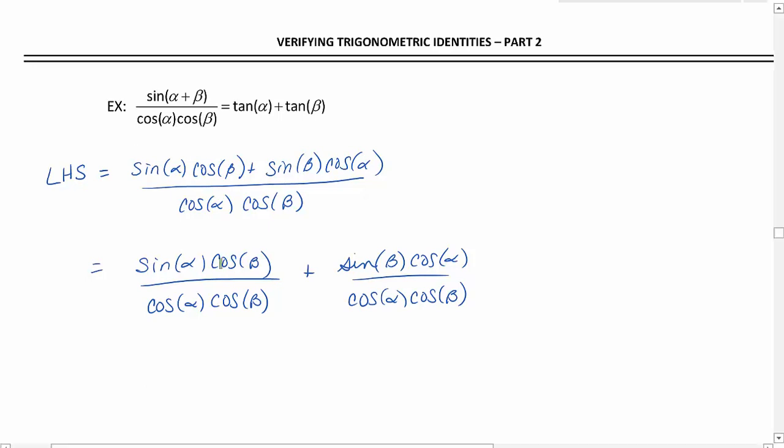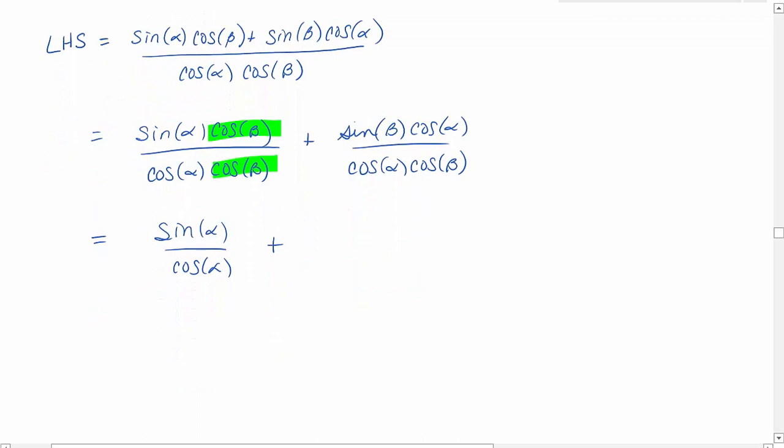In our first fraction, notice that we have cosine of beta over cosine of beta. Those are going to cancel out and leave us with sine of alpha over cosine of alpha. And then with our second one, cosine of alphas are going to cancel out on the top and bottom, leaving us with sine of beta over cosine of beta.